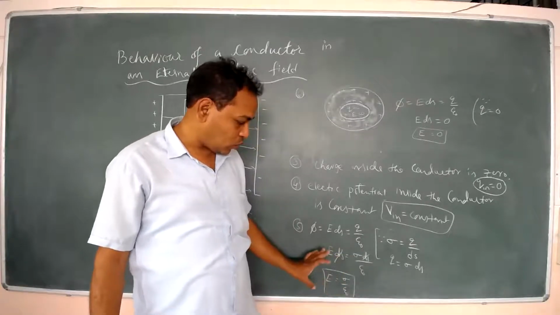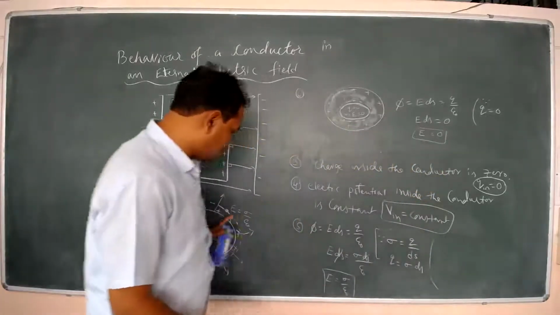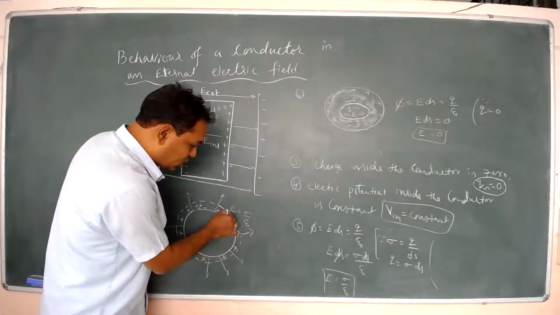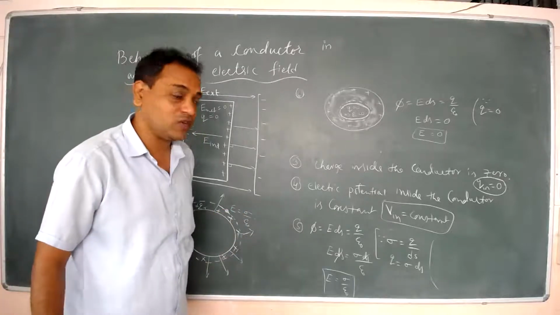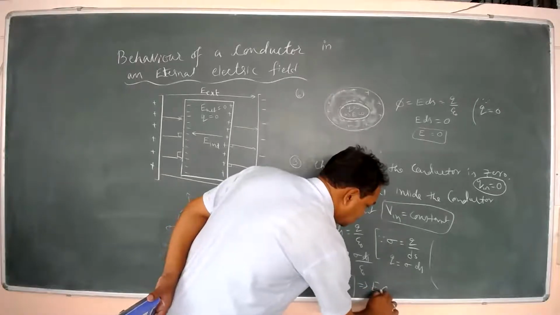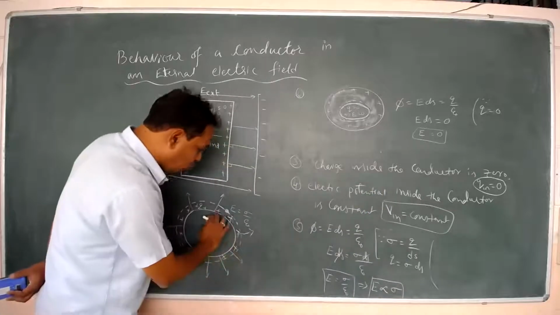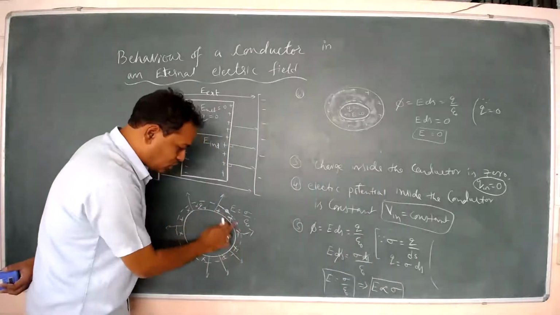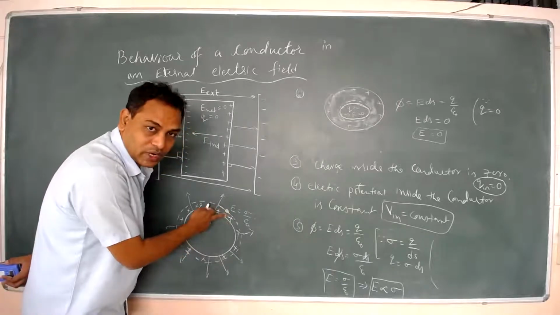So from this, just outside the surface, the electric field is directly proportional to the surface charge density. If you take more charge density on the surface, that much more electric field will be there at this point.